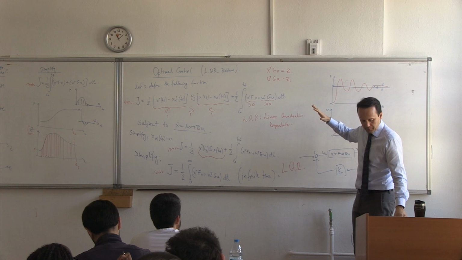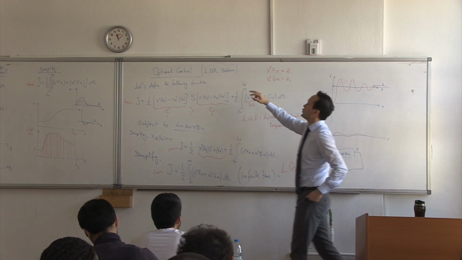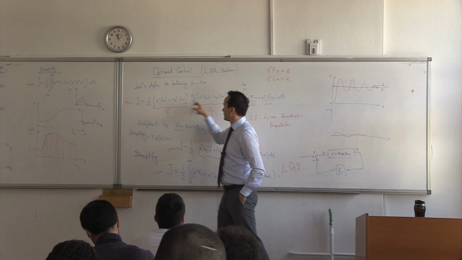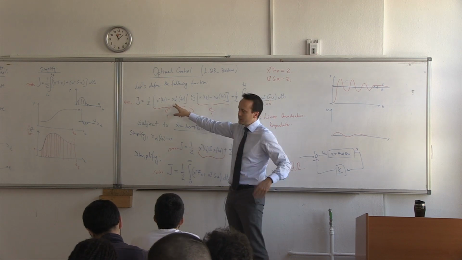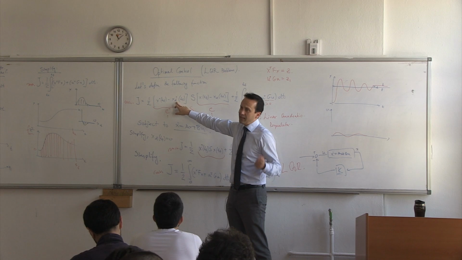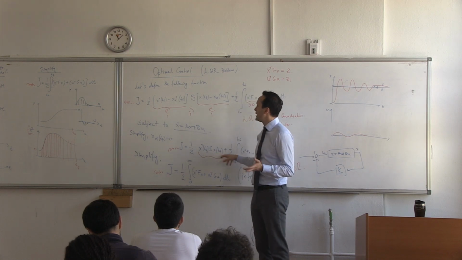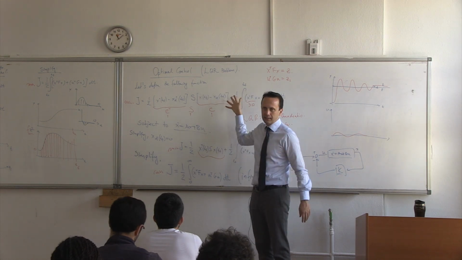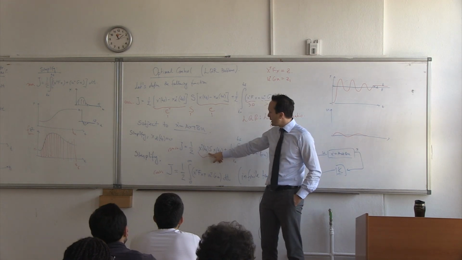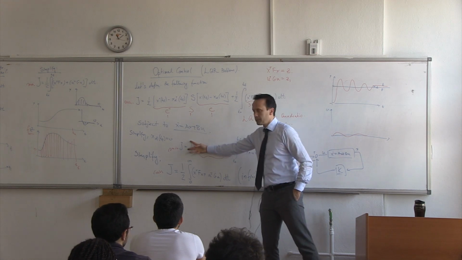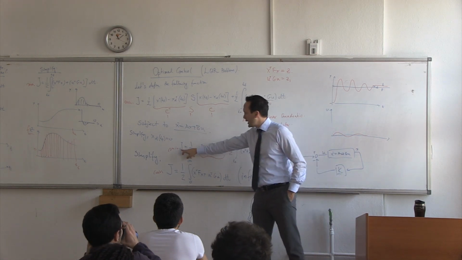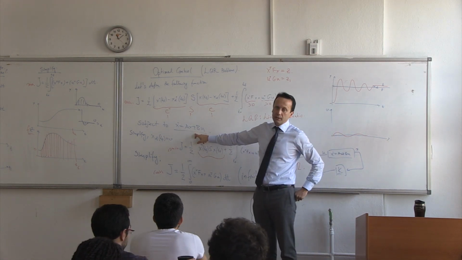I'm going to say, let's minimize J based on this. And to make the problem simpler, let's just simply say the desired x is equal to 0. Okay? Just to make the problem not as complicated as this one. Let's try to optimize this one here. Okay? Minimize J based on x dot equals ax plus bu.